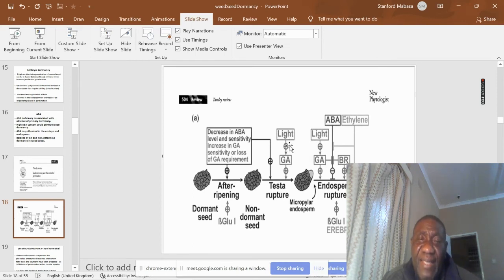And you may have light requirement and GA causing the germination process to be initiated. Even ethylene is involved. Then finally you get your germinated seed. But from the dormant seed up to the germinated seed, it's quite a process. So if you wanted to explore this, you may have to read this paper.